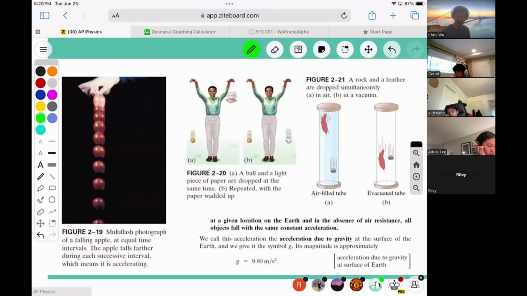It suggests to us that a falling object has a constant acceleration. A falling object is accelerating, it's falling faster and faster. That's why if you jump off a table, it's not going to hurt too much. You jump off the second floor, you're probably not going to hurt that much. But if you jump off the third floor, you're going to break a leg, right? If you jump off the fourth floor, you're going to die.